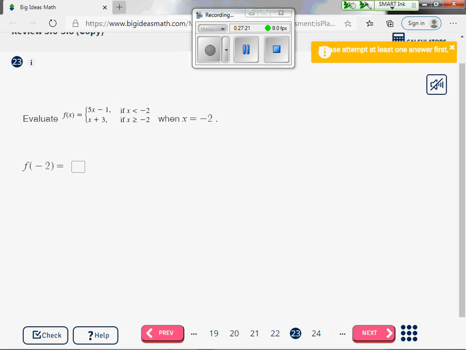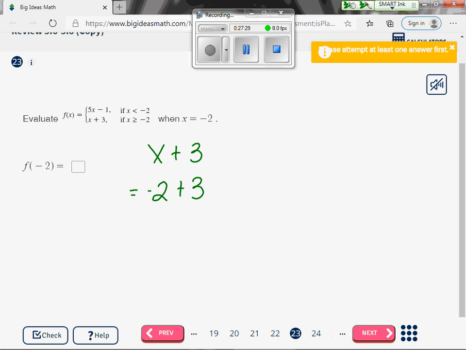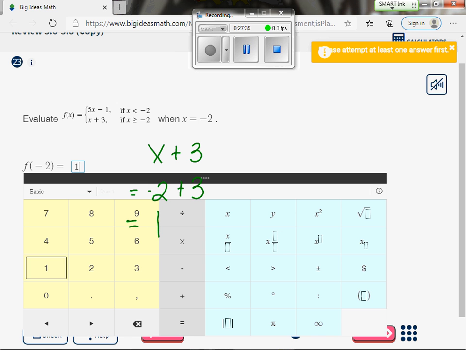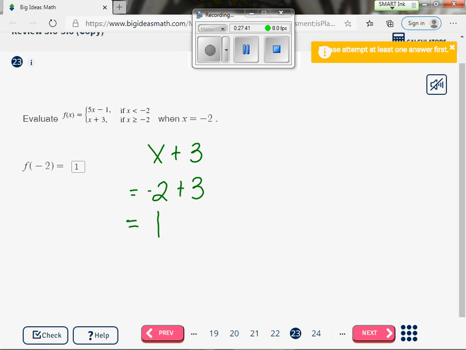So we'd use the bottom. We'd use x plus 3. I'm going to plug -2 in for x. So -2 plus 3 is 1. So the value that would go in here would be 1. Any questions on this here?